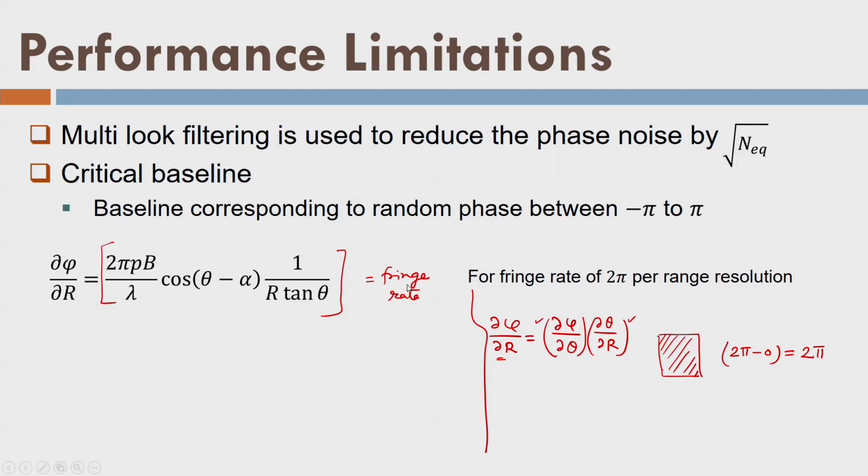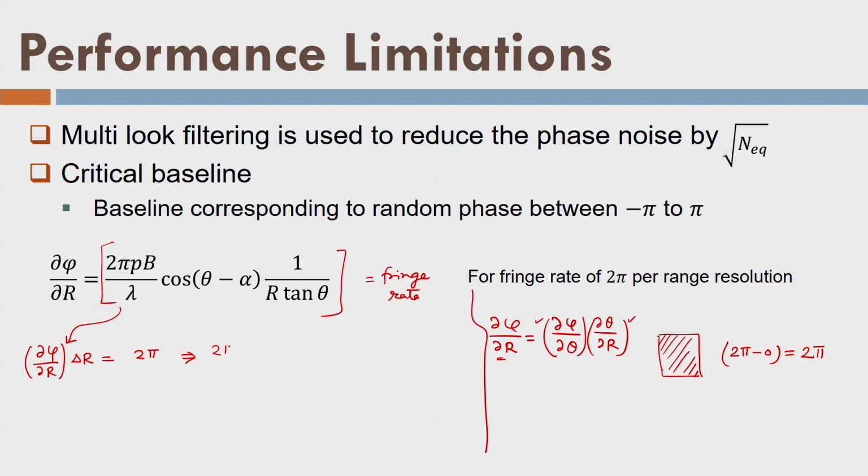Now we want a change in the phase such that over 1 pixel resolution it should be maximum, which means if I multiply that d psi by dr, this fringe rate, with 1 range resolution, I should get it equal to 2 pi. So if I put this value here, what will I get?